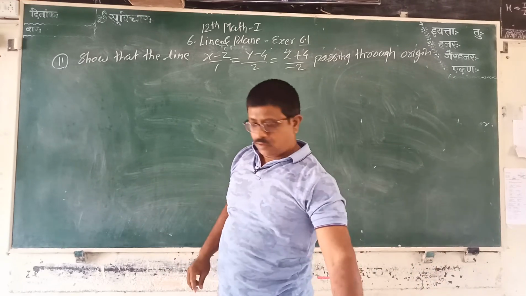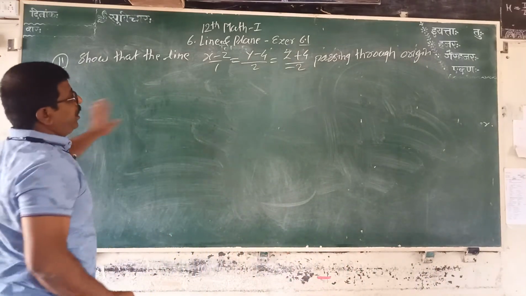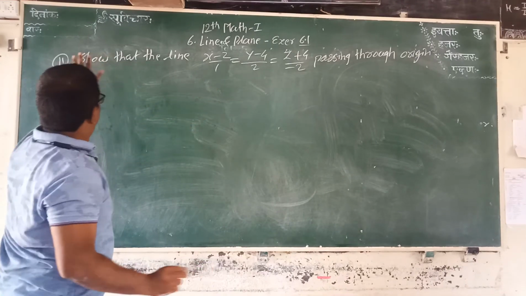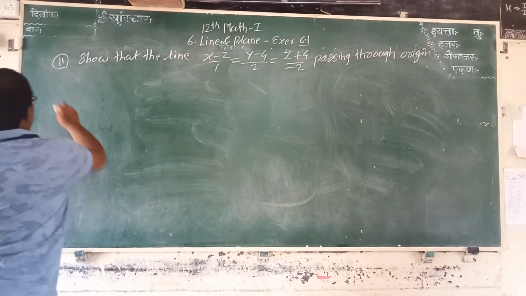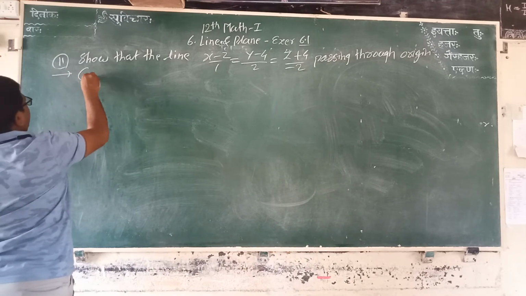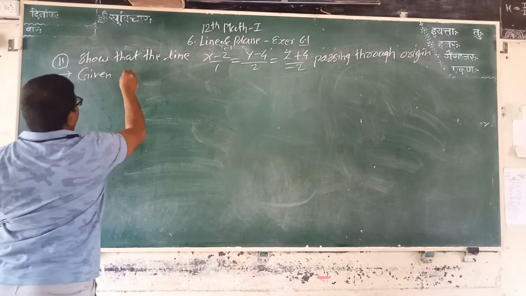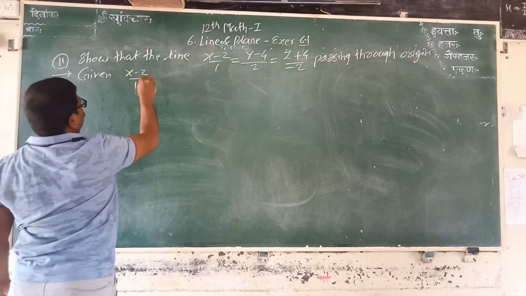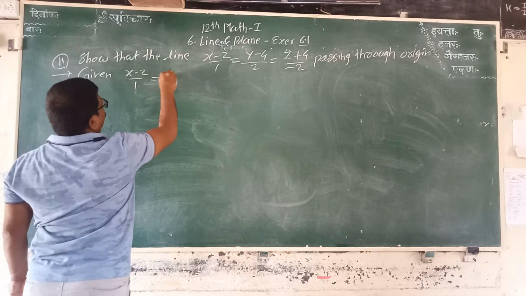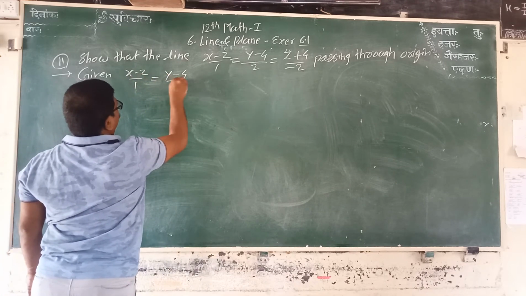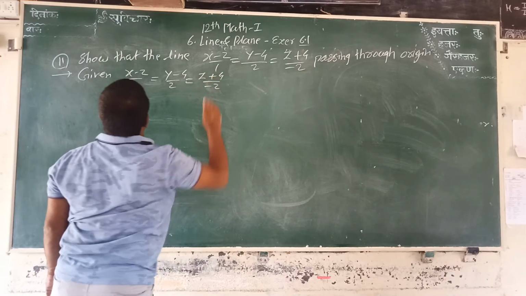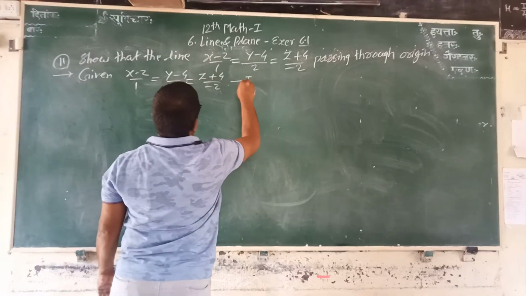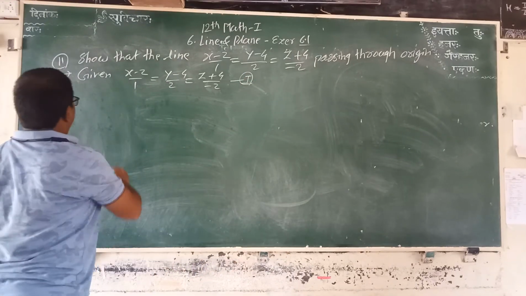For that, you know the origin point is 0, 0, 0, and we want to show this line passes through the origin. At first, we write the given line x minus 2 upon 1 equal to y minus 4 upon 2 equal to z plus 4 upon minus 2. This is equation number 1.